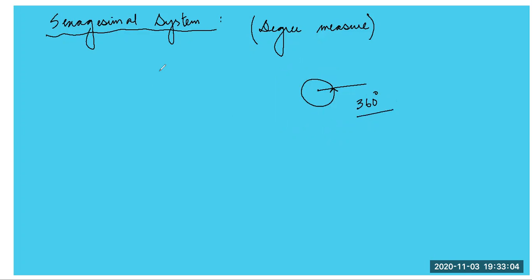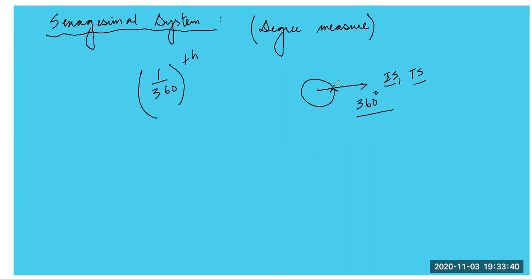So, guys, 1 by 360th part of the rotation from initial side to the terminal side. Here, initial side and terminal side are both overlapping. So if the rotation from initial side to terminal side is 1 by 360th, we say the angle is how much?